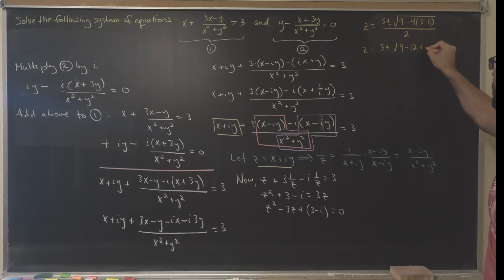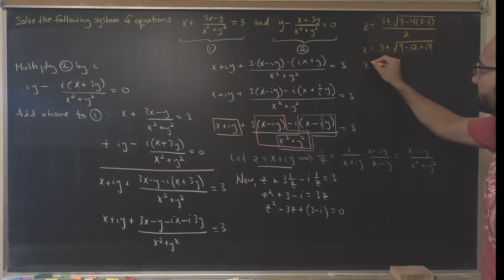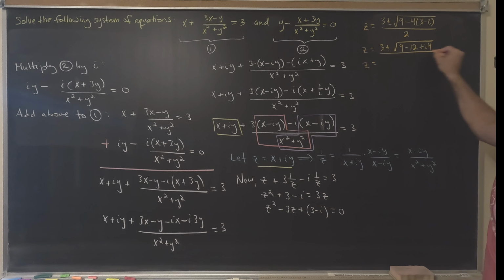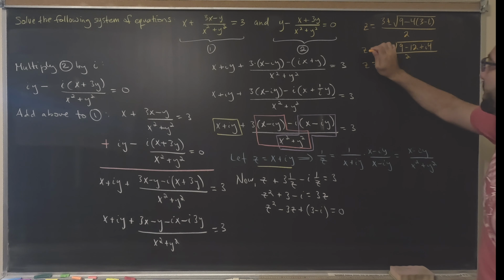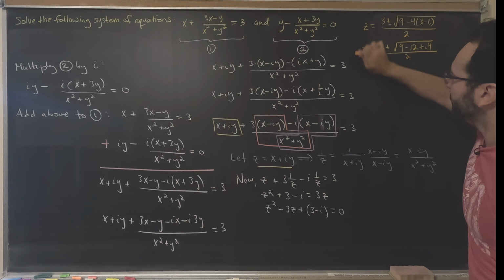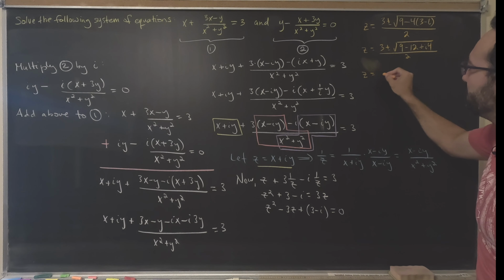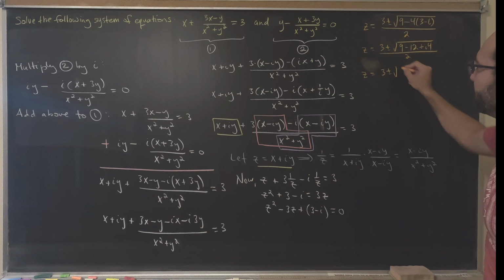And then here we get a 4i, all divided by 2. And then 9 minus 12 is negative 3. So we have z equals 3 plus or minus the square root of negative 3 plus 4i, divided by 2.